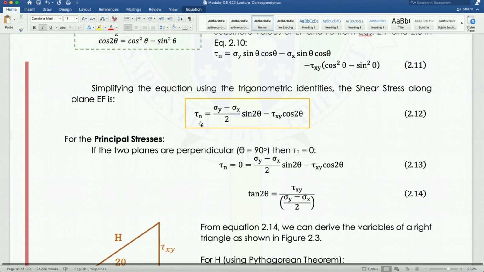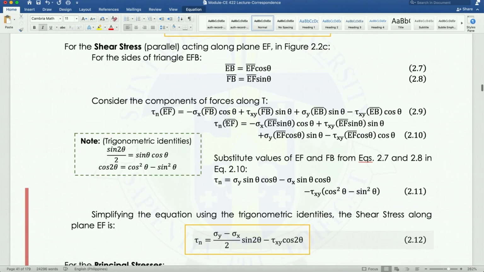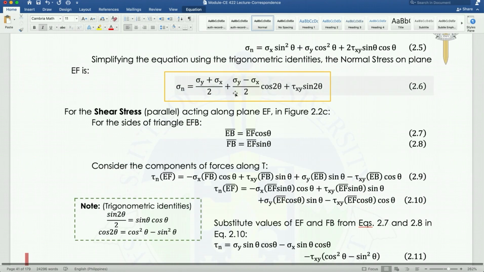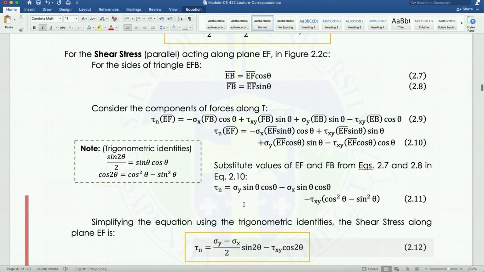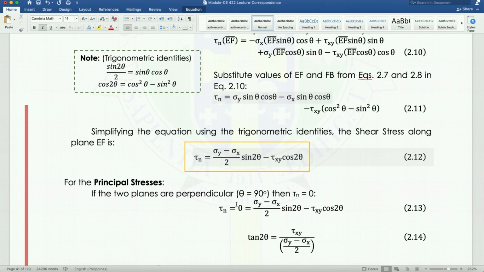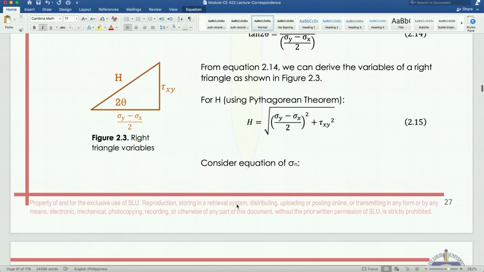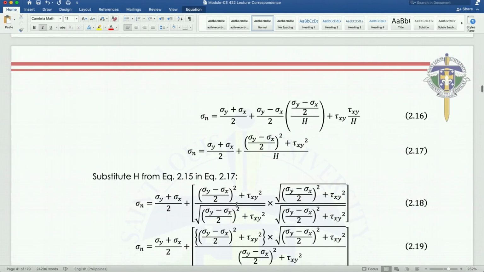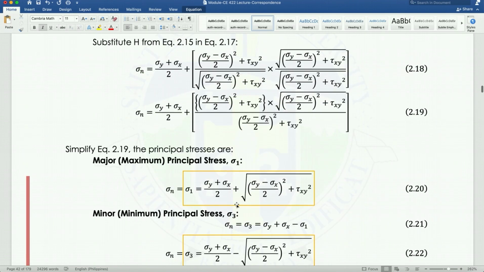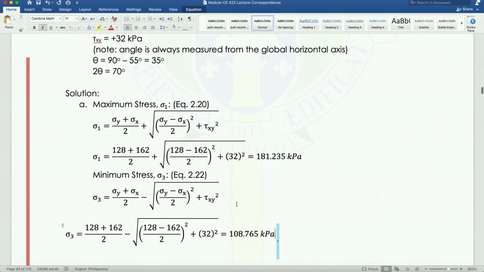This is the shear stress, tau n, and this is our normal stress. So we will be using these two equations. These are the only four equations for stresses that you need to memorize: normal stress, shear stress, and the maximum and minimum principal stresses.